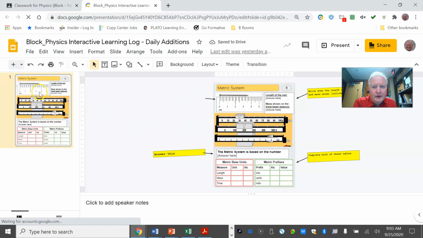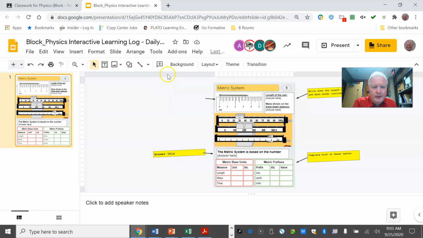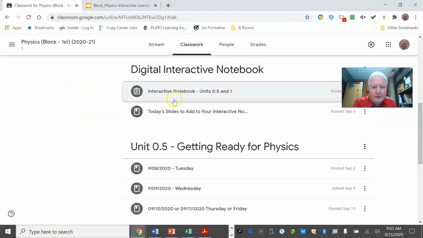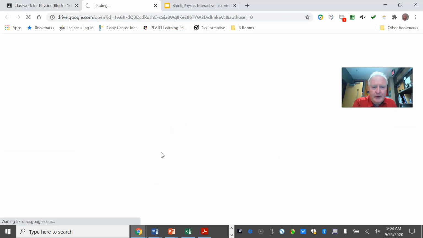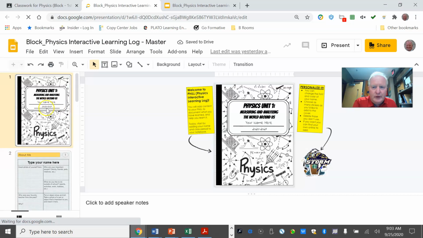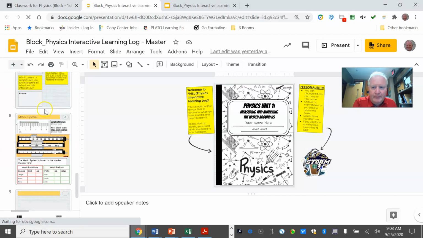That page right here, remember you go to the left over here, you right click, you copy, then you go to your interactive notebook. And so I'll go to my interactive notebook, open it up. It's already there, but you can see what I do is I just page down here on the left. I find where I want to put it.